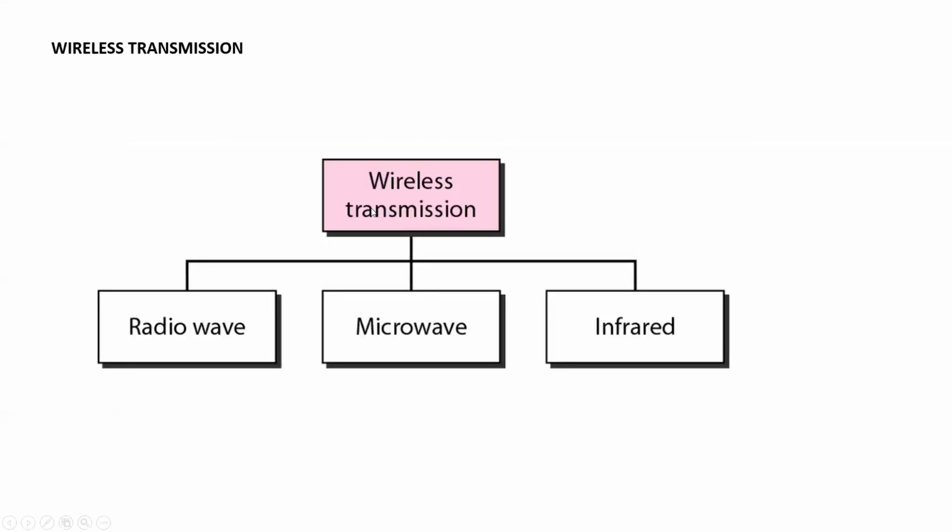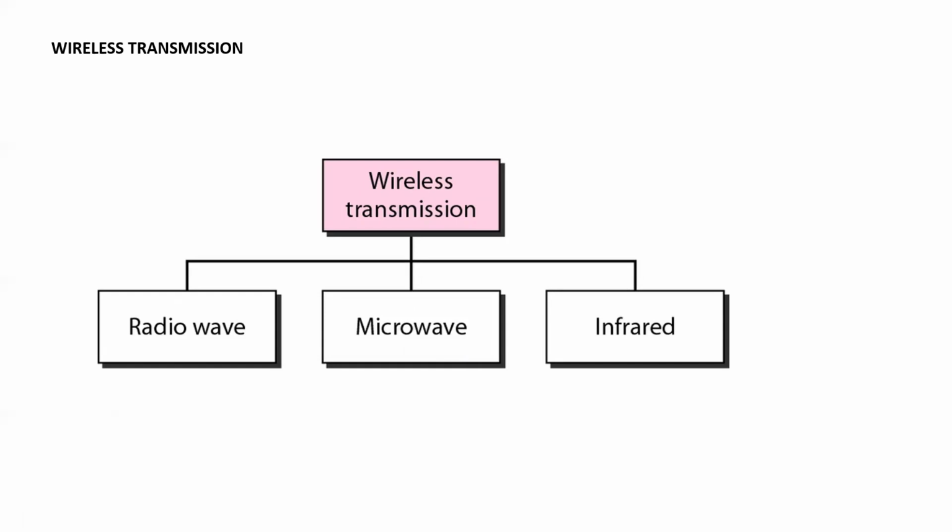Next is the wireless transmission: radio wave, microwave, infrared. Radio wave we have seen, I think, in packet switching. The radio frequencies are what we use for transmitting the data.